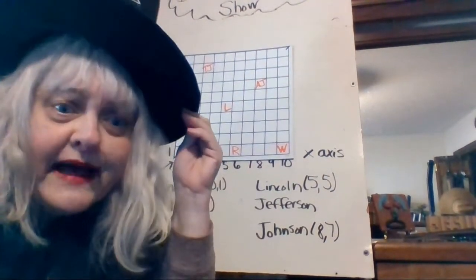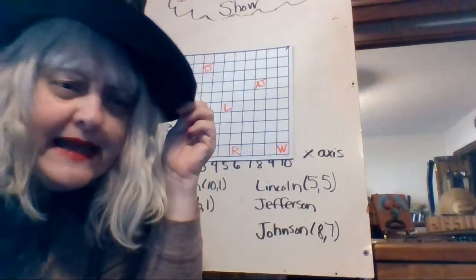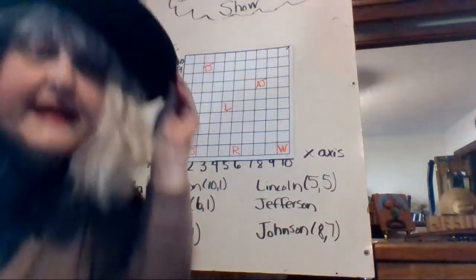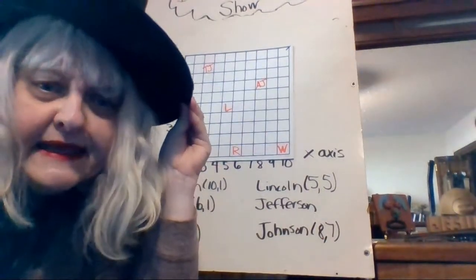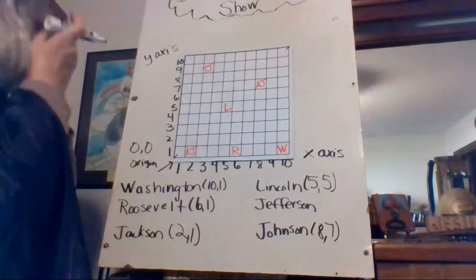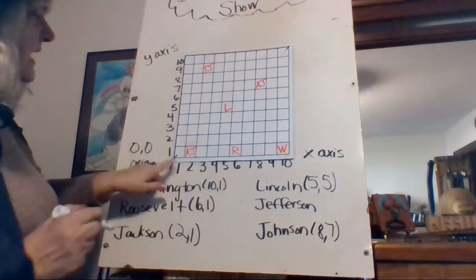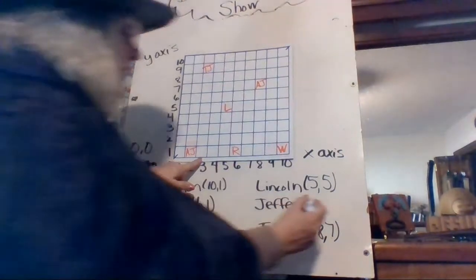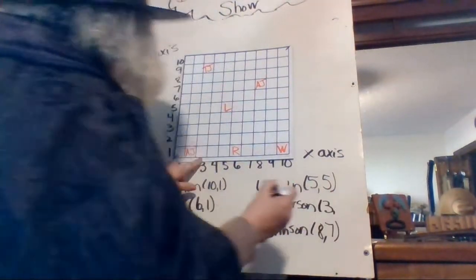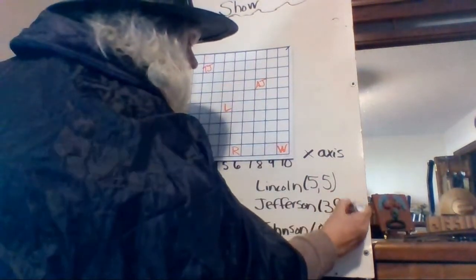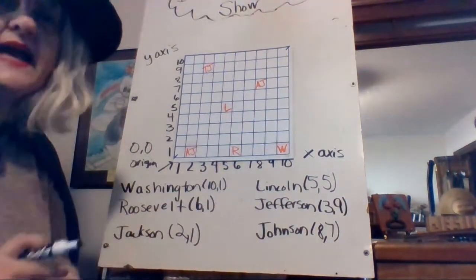Lovely. I'll be able to find those children. My last stop is going to be at Thomas Jefferson. It's a TJ on my coordinate grid. So I would go over 3 and up 9.